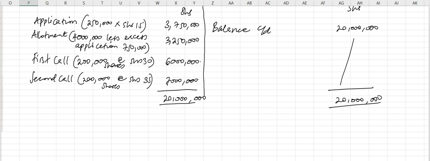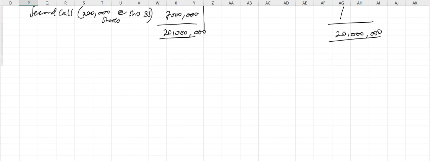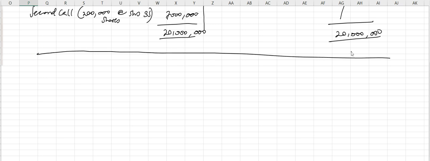The other account I can prepare is the application and allotment account. I've combined these two accounts, but sometimes you can separate them.